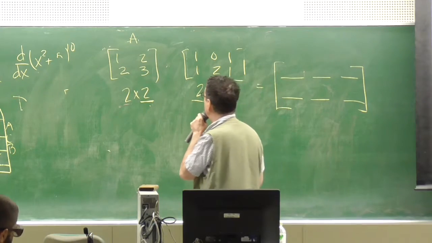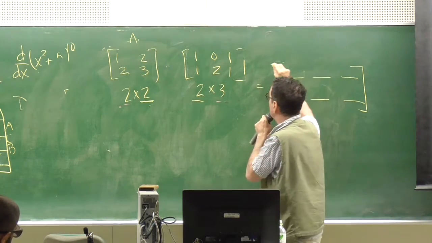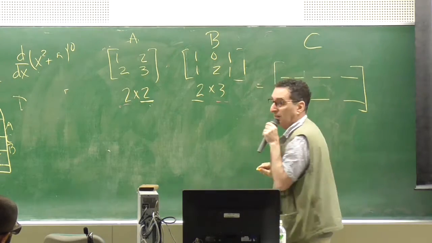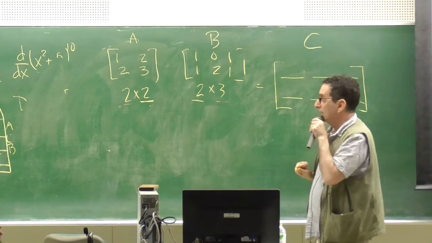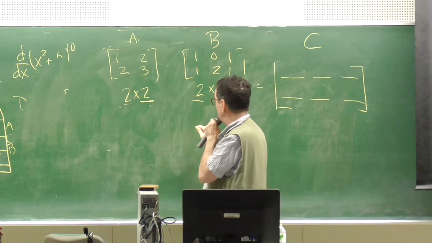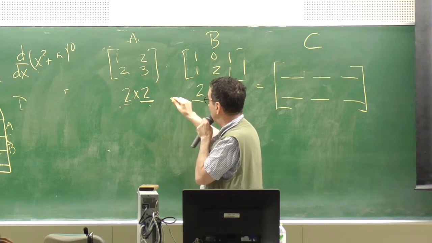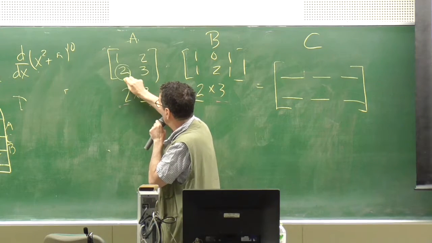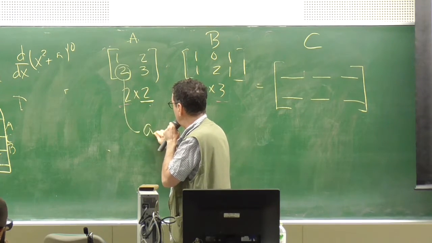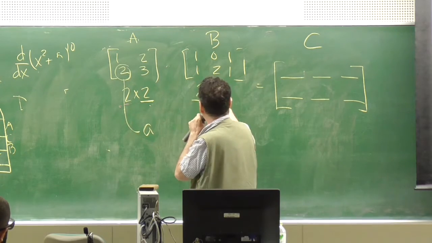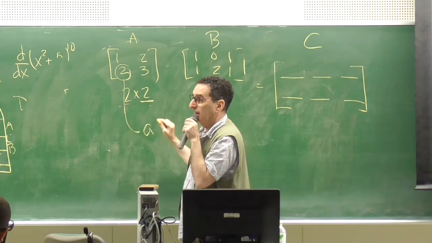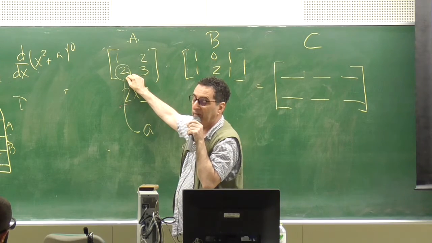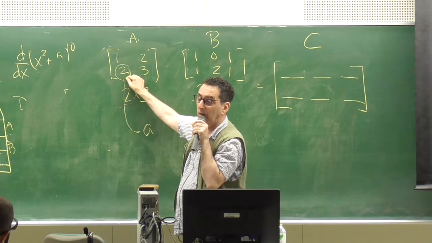How am I going to get this entry here? This is called A, this is called B, and let's call this C. First of all, it might be useful to use a notation. This element here we'll refer to as A, because it's in the matrix A. What row and what column is it in?